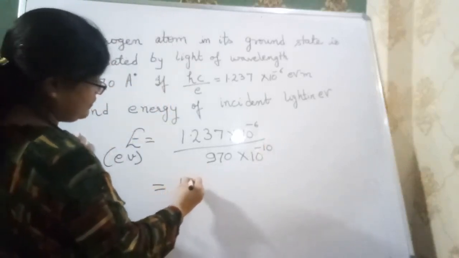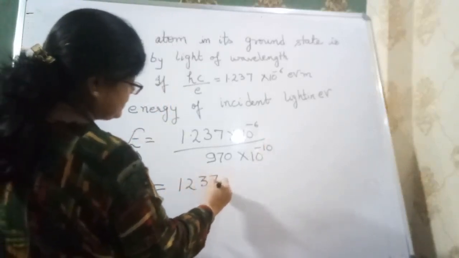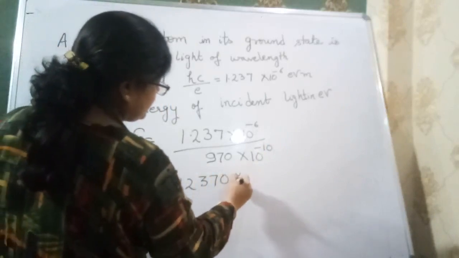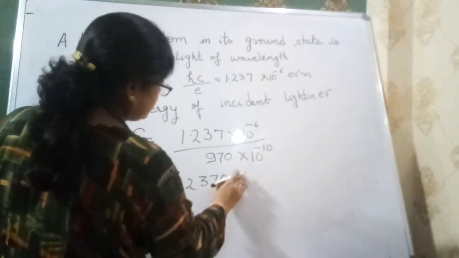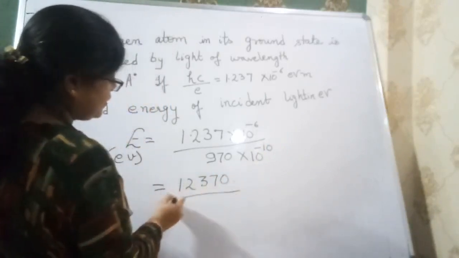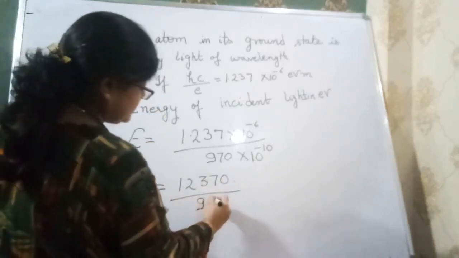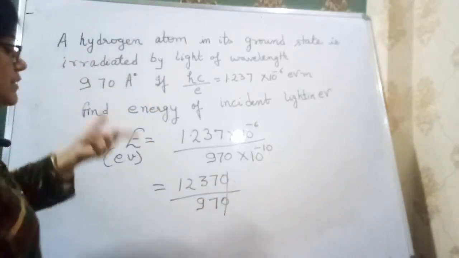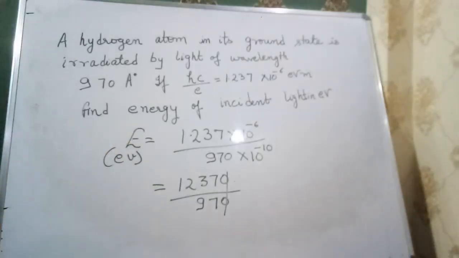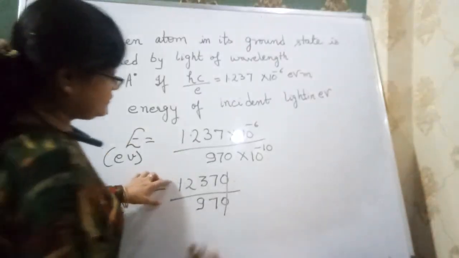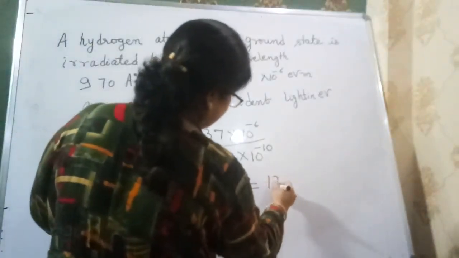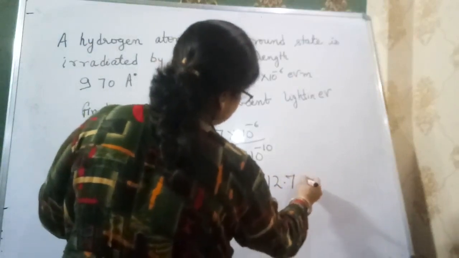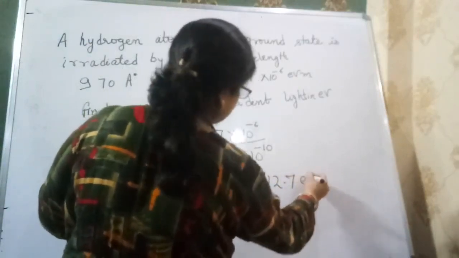We have 12370 over 970, and you just divide it and tell me what is the answer. It is approximately 12.7 electron volt.